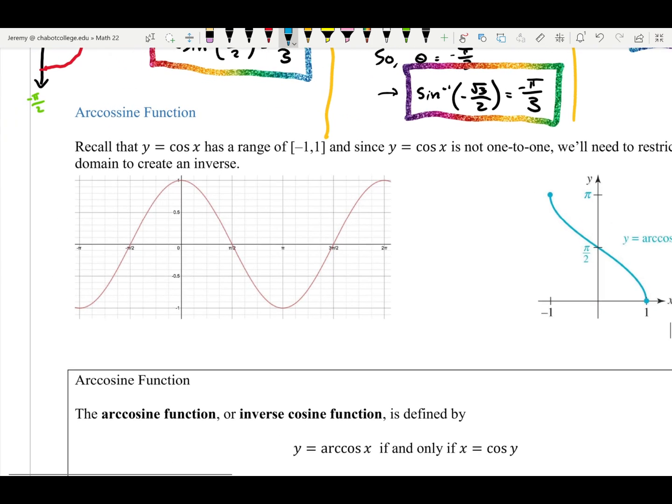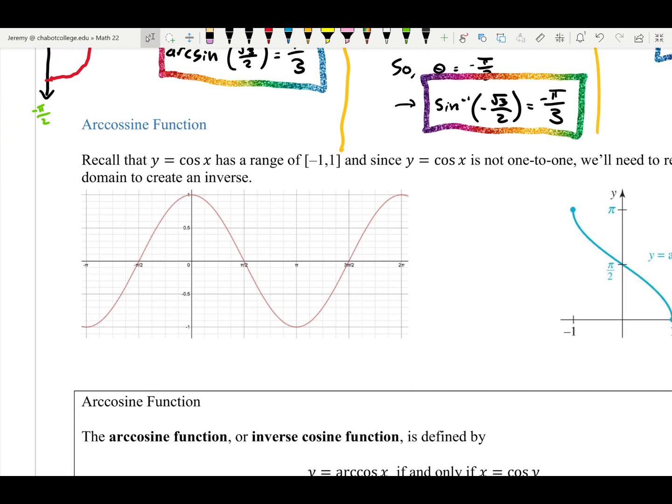Now, what happens if, in order to attain this inverse, this arc cosine function, I used negative pi over 2 to pi over 2, just like we did for the sine function? Turns out we run into an issue. This does not pass the horizontal line test. This is not one-to-one. This is not a restriction of the domain that makes cosine one-to-one. So I'm not going to do that.